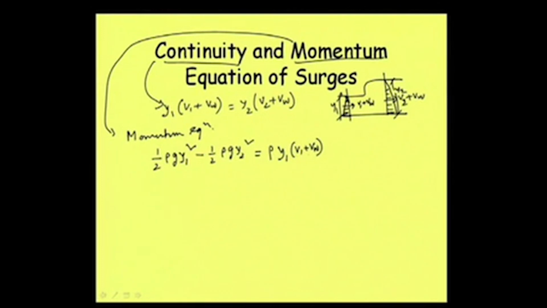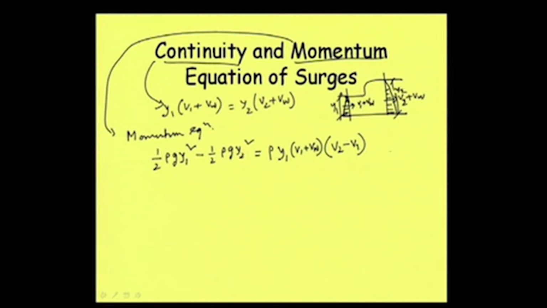Then the change in velocity is v2 plus vw minus v1 plus vw, so ultimately it will be v2 minus v1, the change in flow velocity. This is our momentum equation.